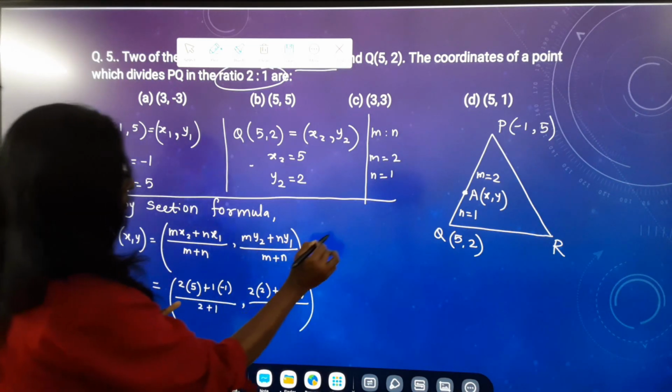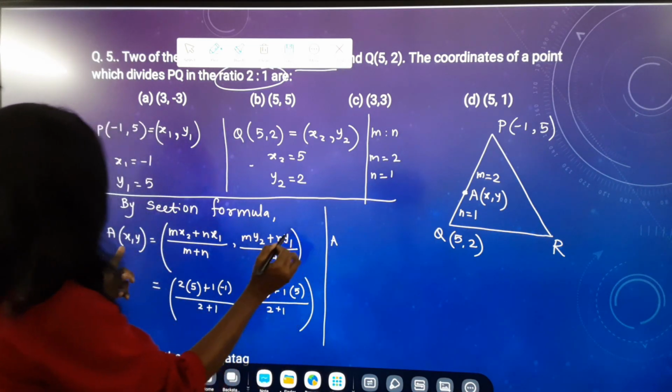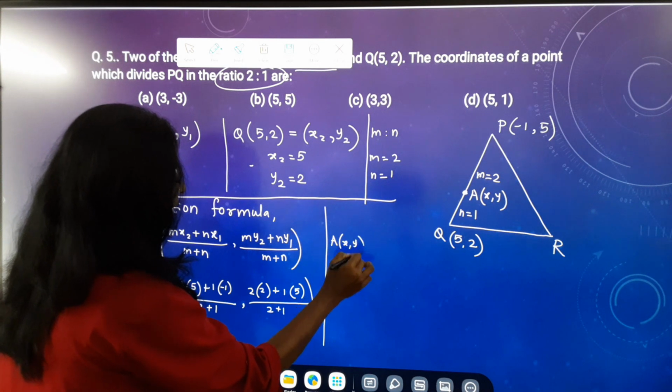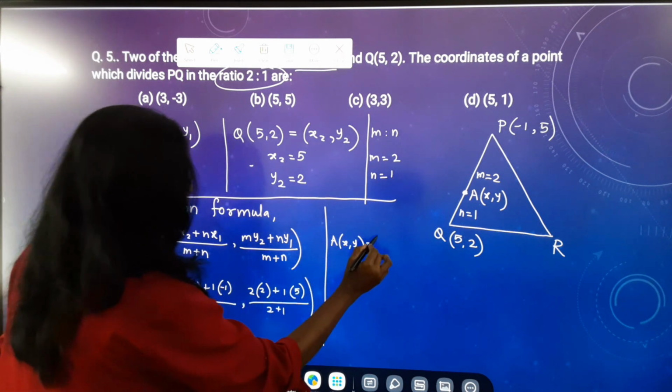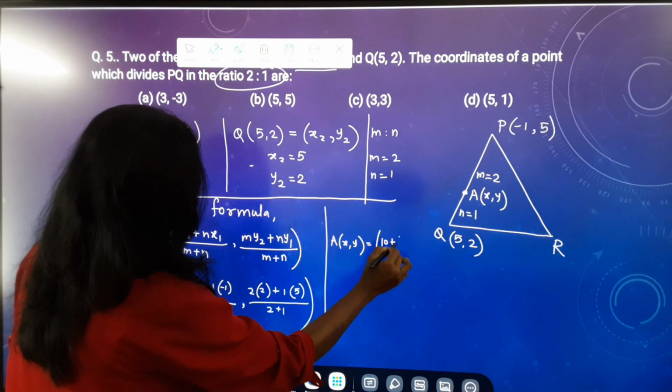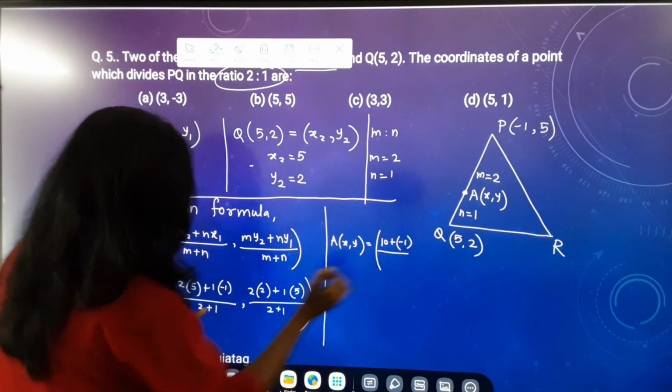Then A(x, y) is equal to (10 plus -1) upon 3.